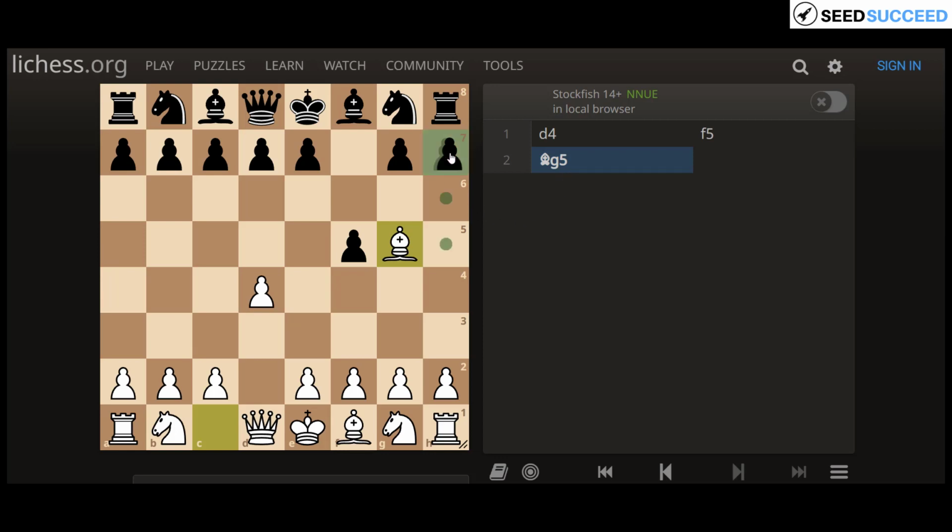And then black replies h6. Then white moves the bishop back to h4. We would note this as capital B for bishop and h4. And then the black pawn moves to g5. And then the bishop takes a step back to g3. This is noted as capital B g3.